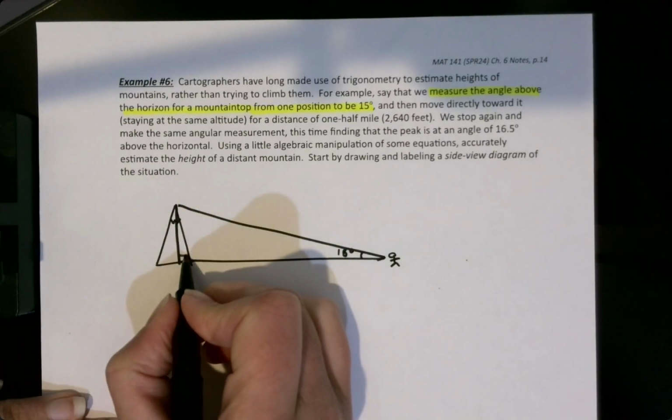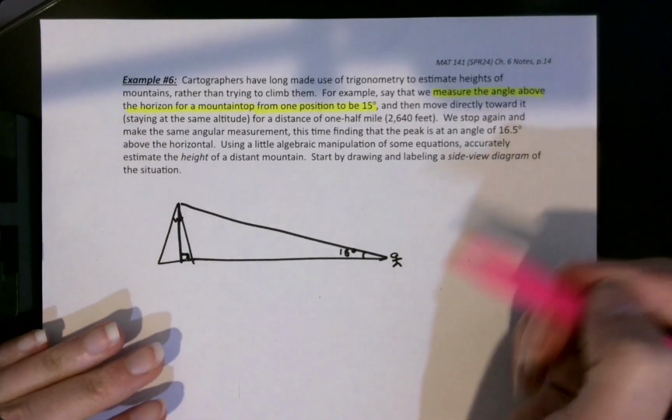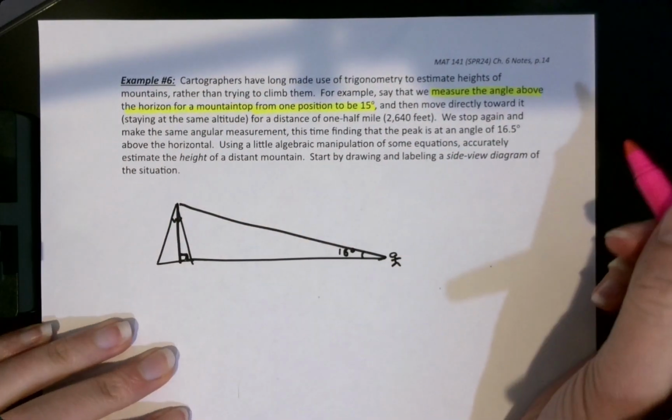The mountain presumably is going to form a right angle with the ground, right? So it's a right triangle here. It's always a good idea to read the whole thing before starting to draw, so I'm not actually doing that, so apologies. I've read this before. But read the whole thing and then go back and highlight and draw.